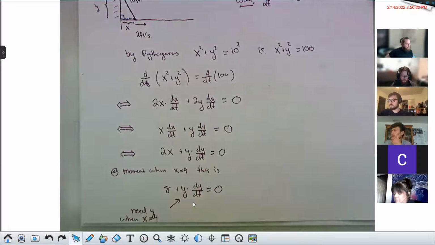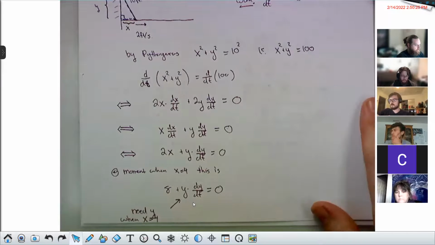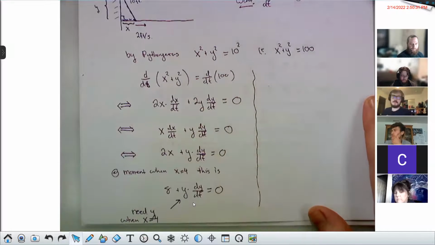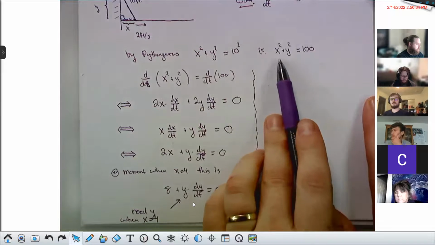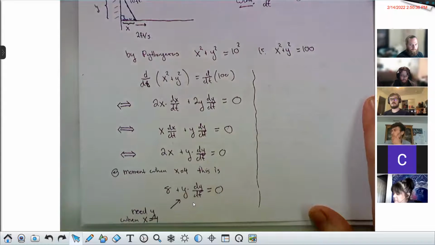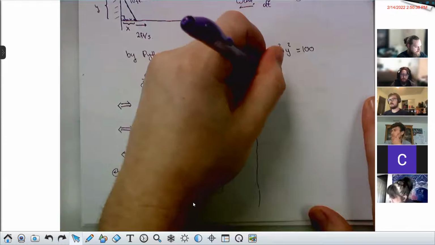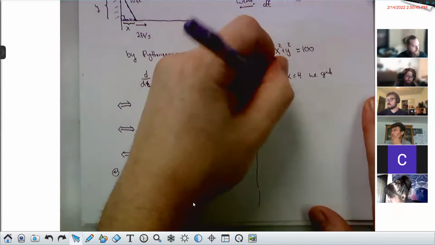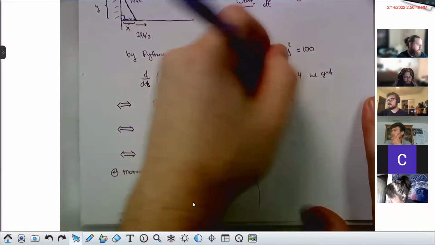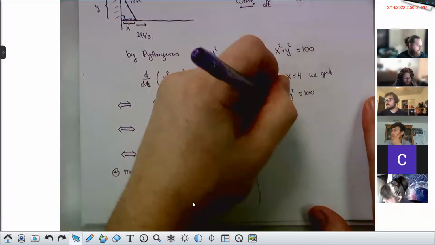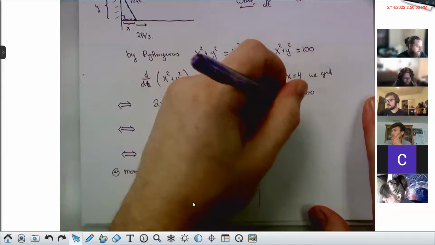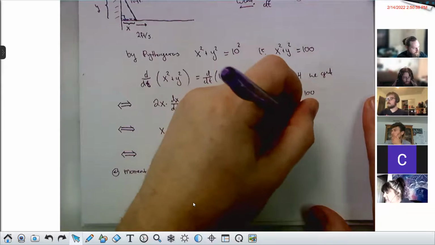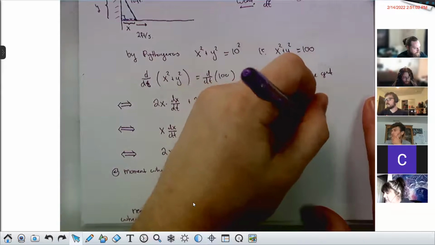The relationship we started with, x squared plus y squared equals 100, that's certainly always true. So I can come back to this, plug in 4 for x and solve for y. We get 4 squared plus y squared equals 100, which means 16 plus y squared is 100, which means y squared is 100 minus 16, which is 84.